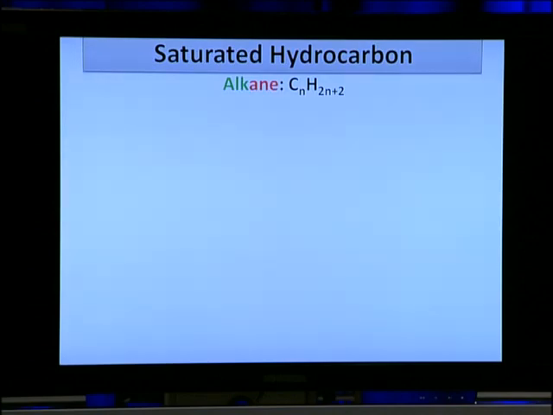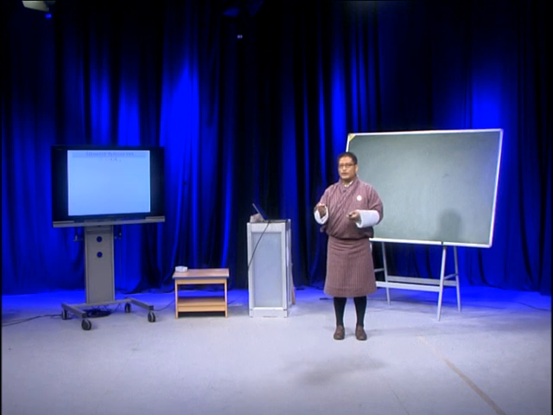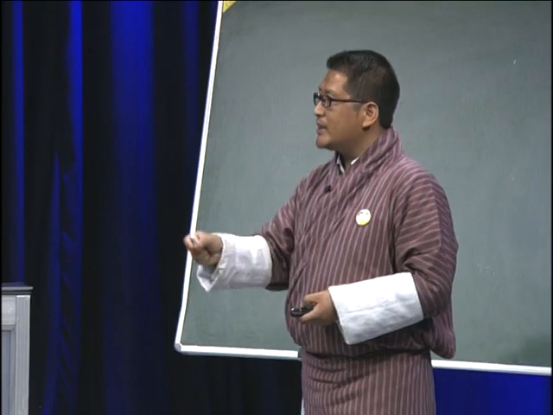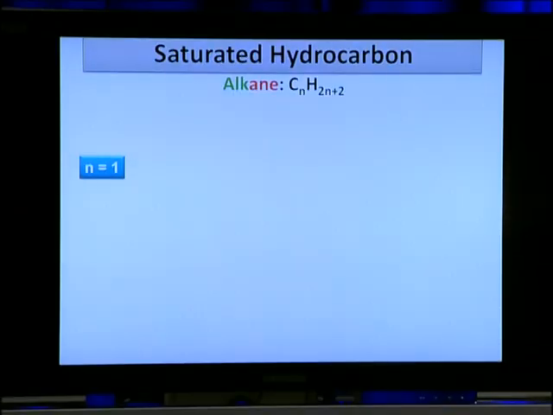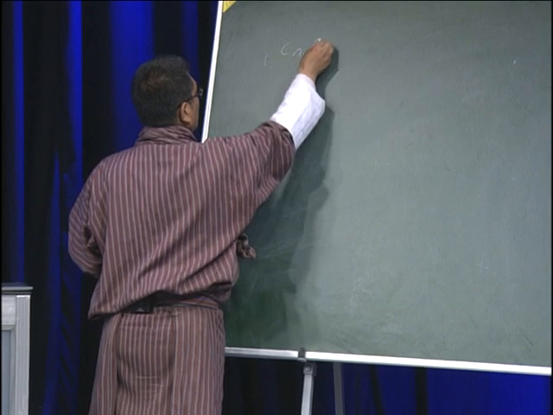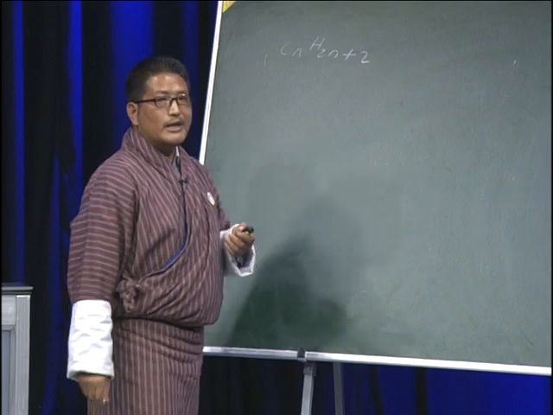If the number of carbon atoms is known to you, then from this general formula, you can also find out the number of hydrogen atoms present in this particular compound, that is hydrocarbon. So let's look into finding some of the members of the alkane family using the general formula CnH2n+2. So this is the general formula of alkane.